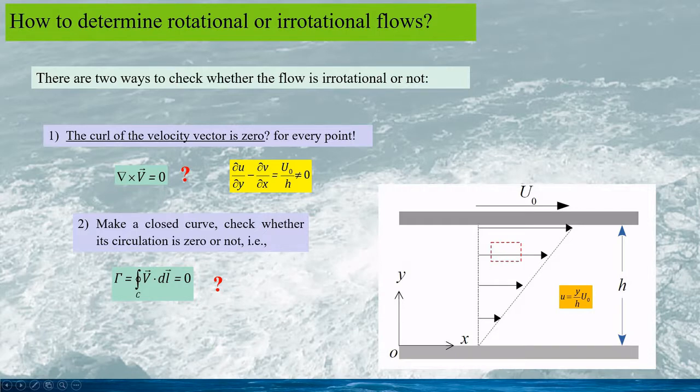And if we draw a rectangle in the Couette flow and check whether its circulation is zero, obviously, in this Couette flow, its circulation is not zero. Thus, we can see both methods have shown the Couette flow is rotational.